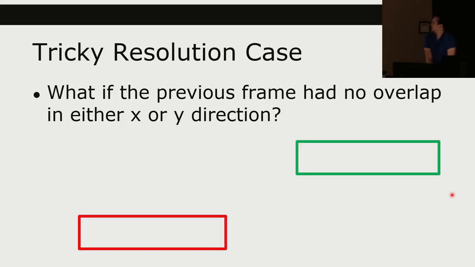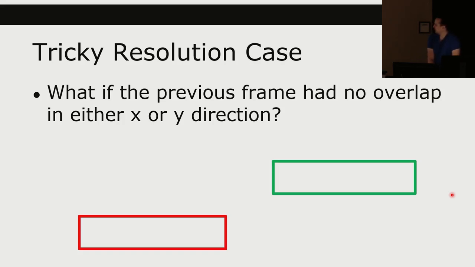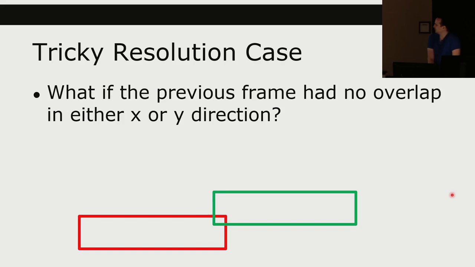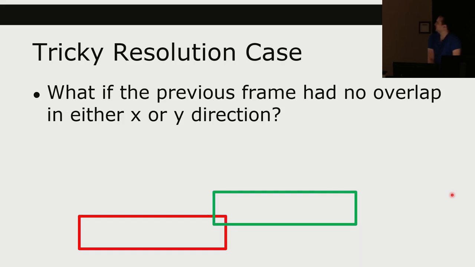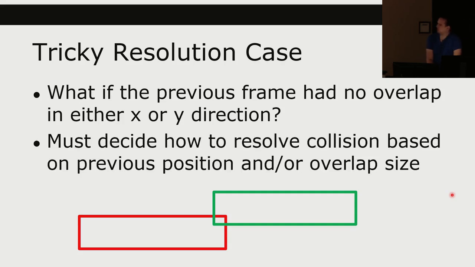But the ones who are paying attention have noticed that there's still another case. What if the previous frame had no overlap? So it came in from a diagonal, right? Well, this is just a tricky case. And what you have to do is you must decide somehow on some sort of priority. So you must decide how to resolve this collision based on the previous position and or overlap size.